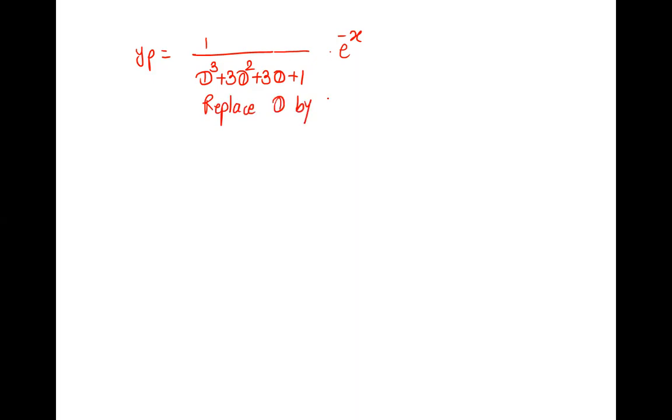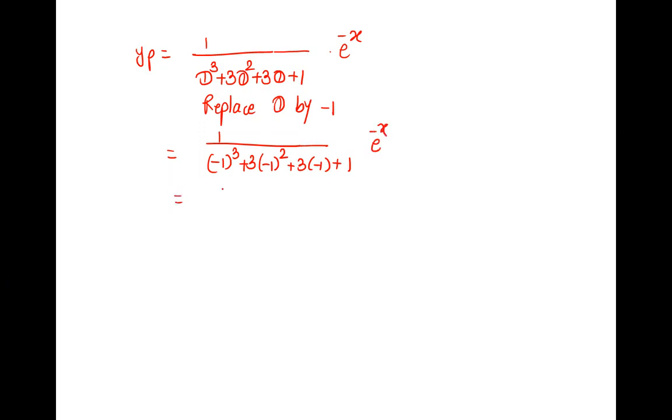What is the power of e here? -1. Very good, e raised to -1x. So it is -1 with the sign, negative. So do that: -1 cube plus 3 into -1 square plus 3 into -1 plus 1, into e raised to -x.